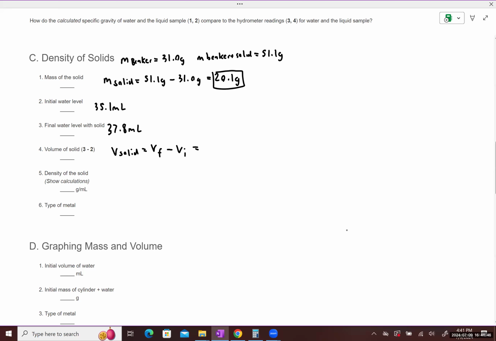And in turn, that gives us 37.8 milliliters minus 35.1 milliliters, which in turn gives us 2.7 milliliters as our volume of the solid.